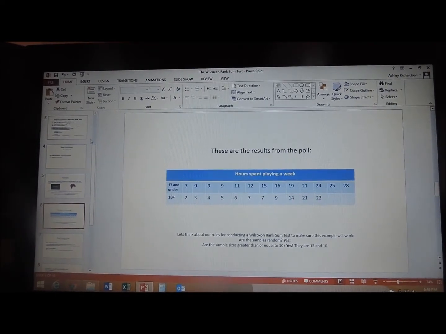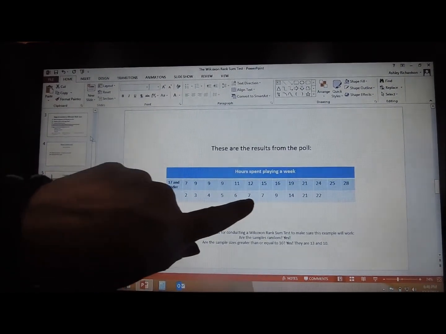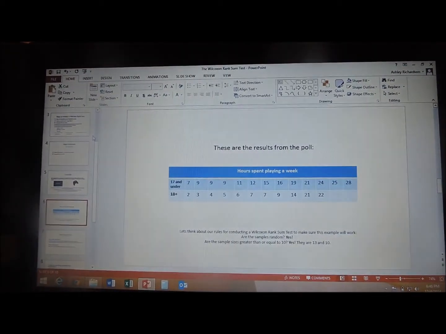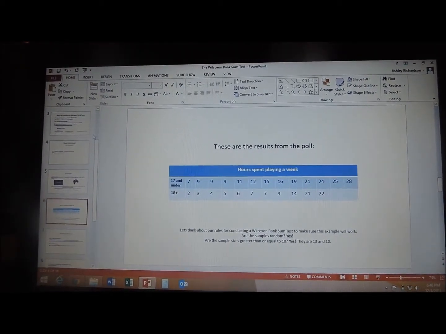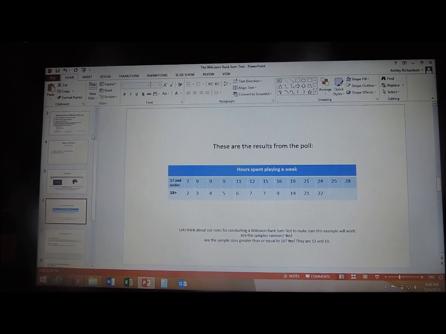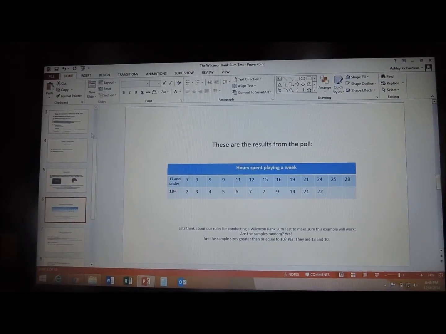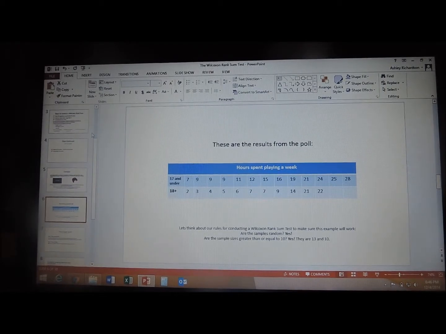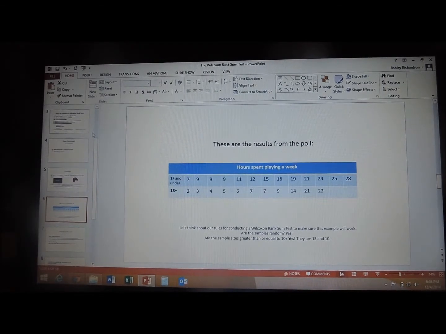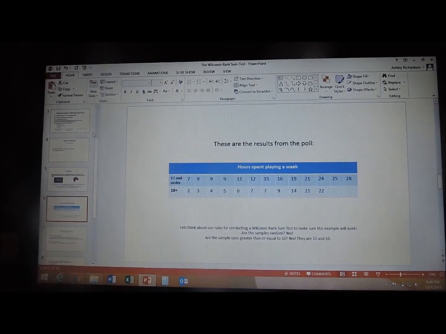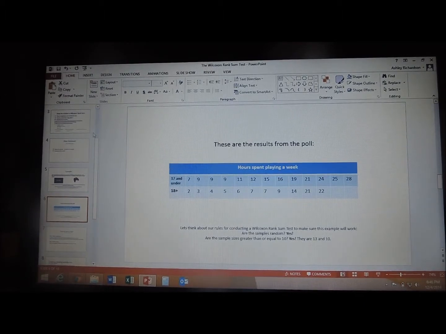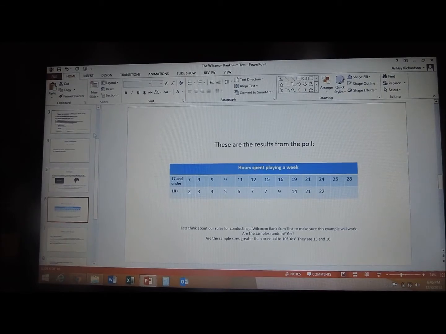And our 18 and older group, this is the hours that they said they played Black Ops a week. Let's think about our rules for conducting a Wilcoxon rank sum test, just to make sure that this example is going to work. Are our samples random? Yes, they were polled randomly. Are the sample sizes greater than or equal to 10? Yes, they are 13 and 10.